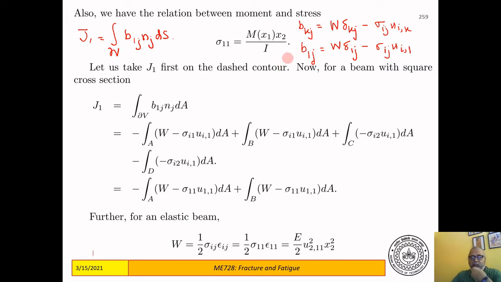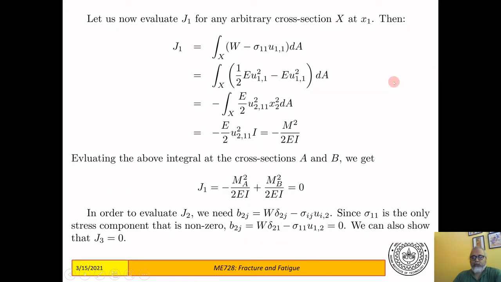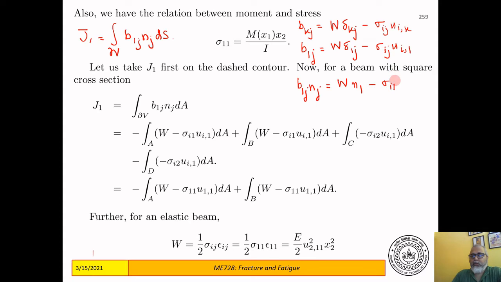When you write B1j nj, you get W n1 minus sigma ij ui comma 1 nj. This is what you will get.